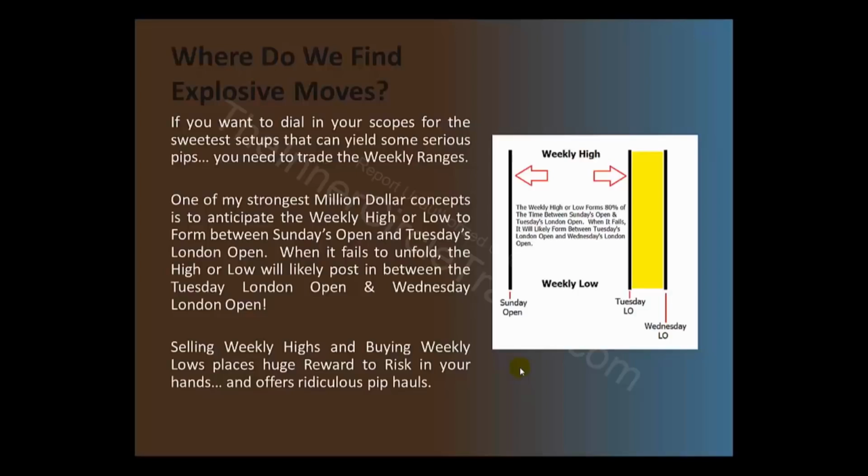If you look at the activity on a weekly basis, over a whole week time span, and it's easy to see on a 15-minute time frame, compressed so you have the whole Sunday to Friday's close, you'll see that the weekly high in a bearish environment typically forms around Tuesday's London open session. And many times, if it's going to be a down week, it'll form no later than Wednesday's London open.